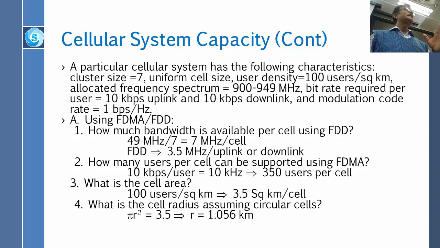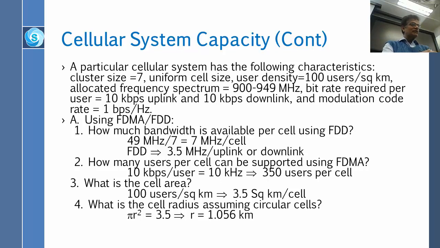What is FDD? It's a duplexing method. Duplexing method means how do you do up and down? It could be TDD or FDD. FDD means you go down on one frequency and go up on the other frequency.